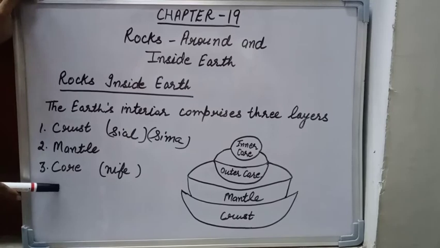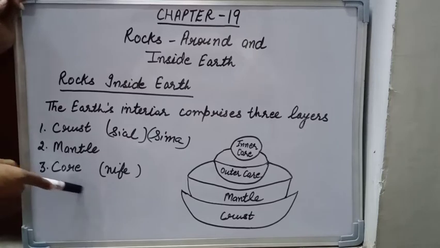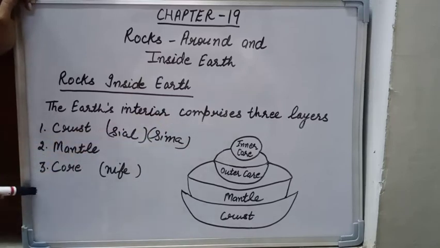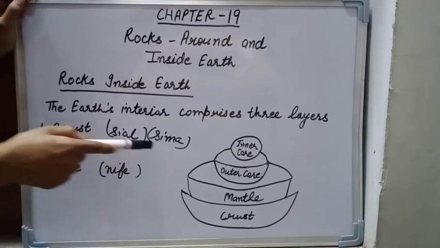Next is core. It just lies beneath the mantle, and that layer is called core. It is divided into two parts, outer core and inner core, and it is made up of nickel and iron. That's why it is known as Nife also. The other name of core is Nife.